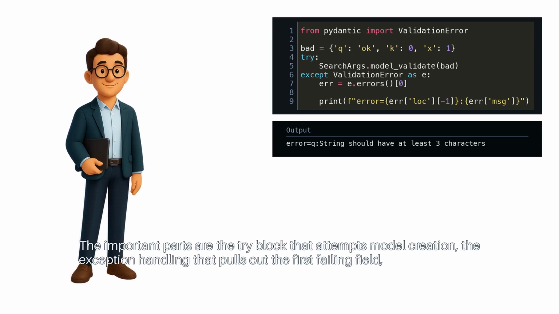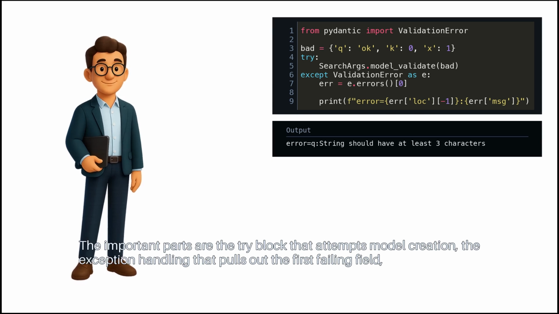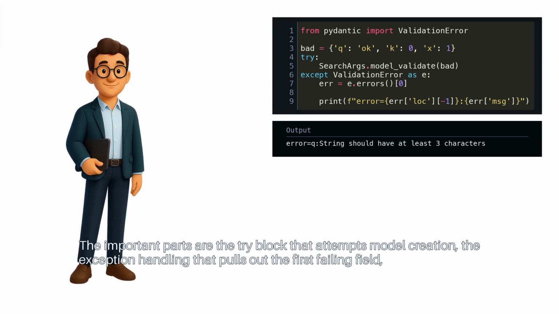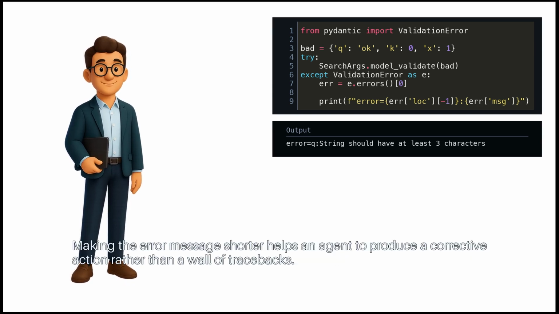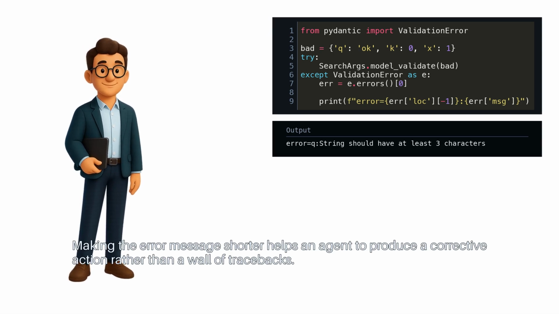The important parts are the try block that attempts model creation, the exception handling that pulls out the first failing field, and the formatted error string that reports which field is wrong and why. Making the error message shorter helps an agent to produce a corrective action rather than a wall of tracebacks.